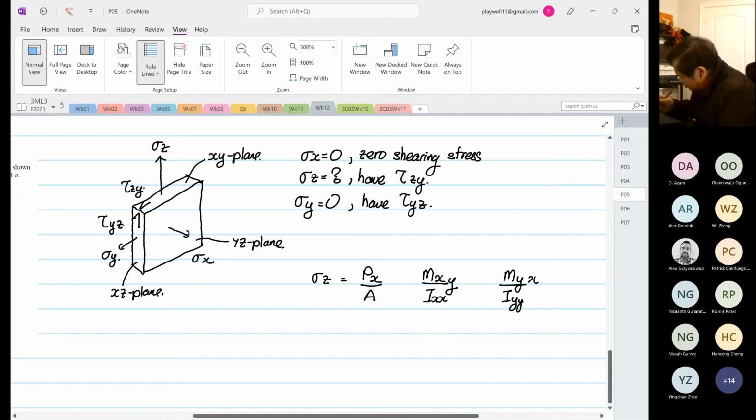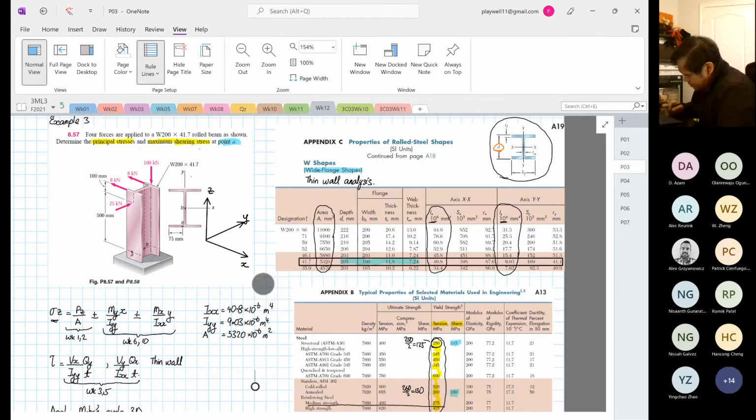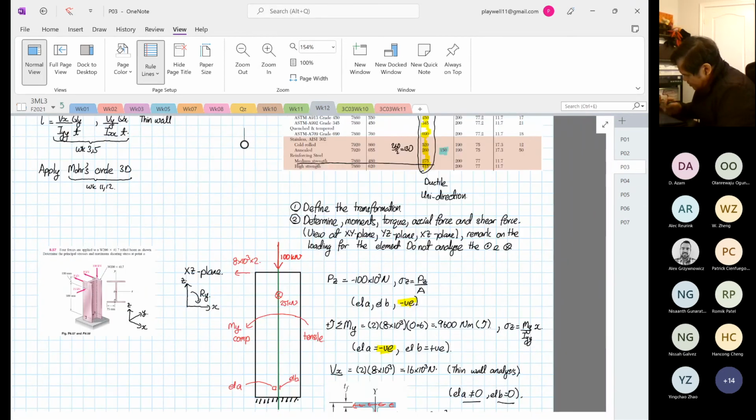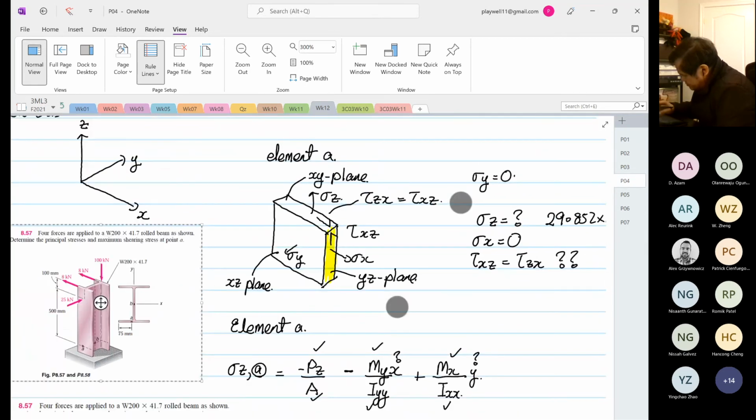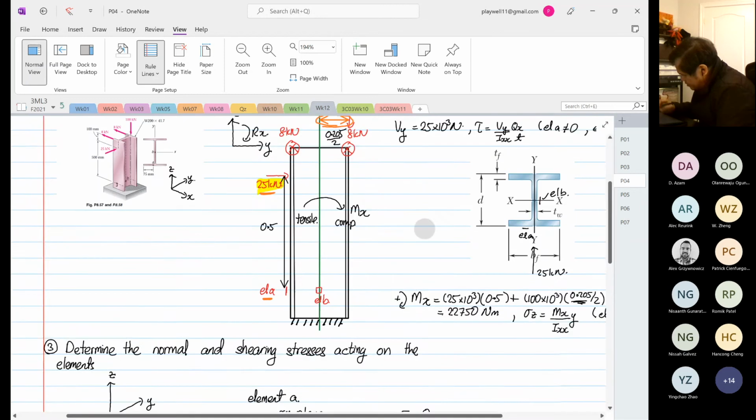We know that the Px is compression. Now Mx, I have not a clue. So we go back, we look at Mx. Did we write anything? I hope we did.